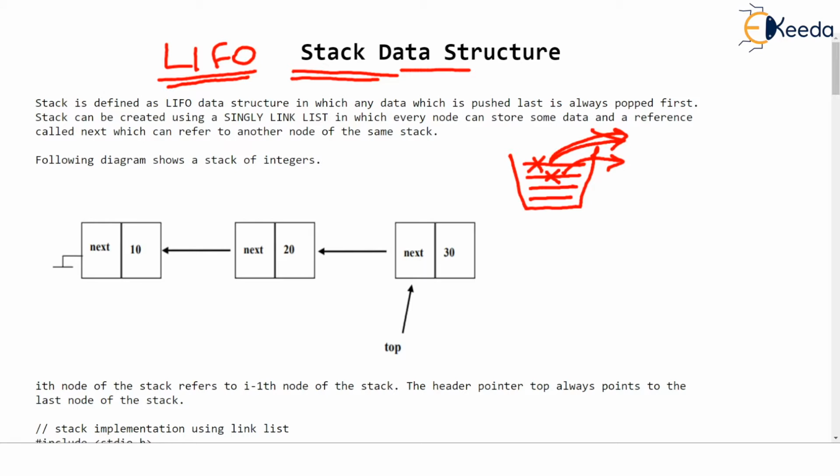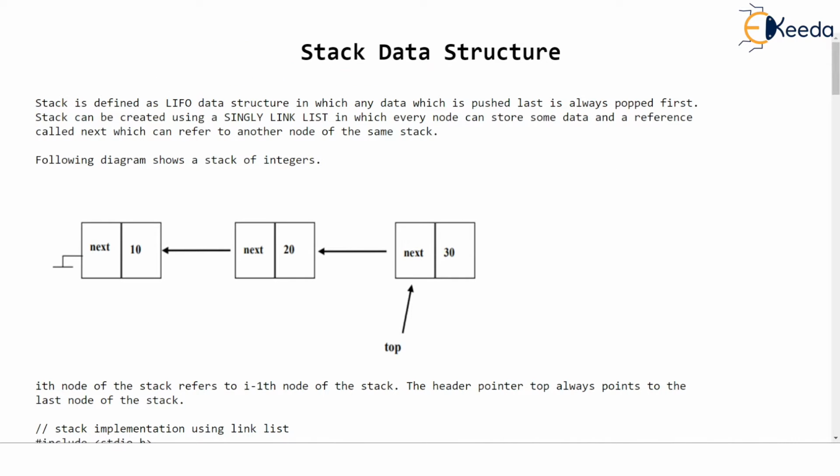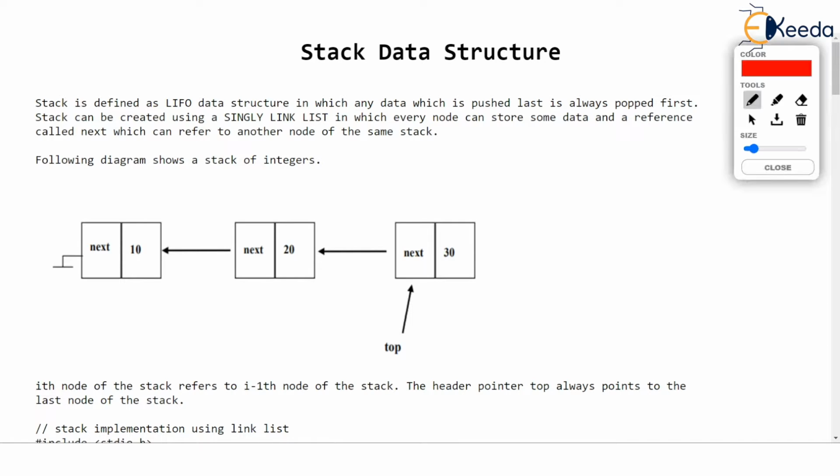Another example is when you go to your mailbox, the mails always get stacked on top of each other. So the last mail which has come in your mailbox will always be shown first on the top of the list. So stack is very important in that way, and we see stack everywhere in computer science and in real life also.